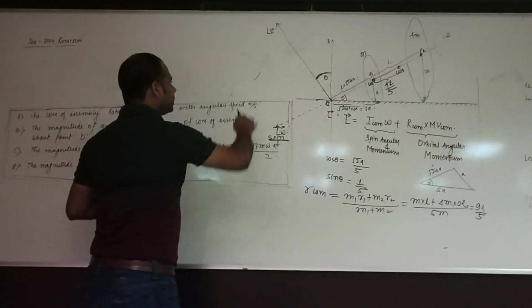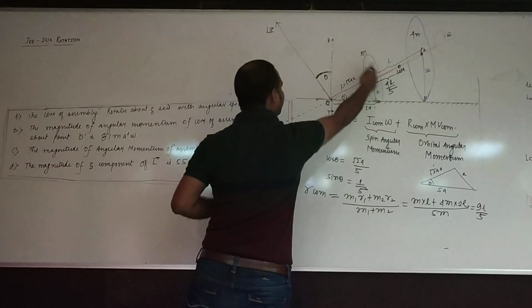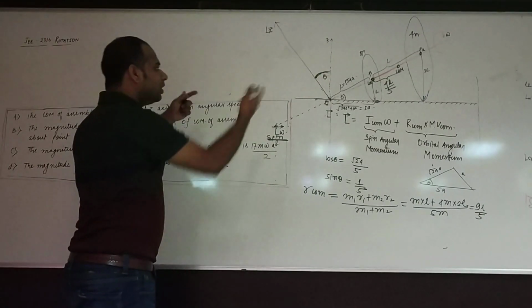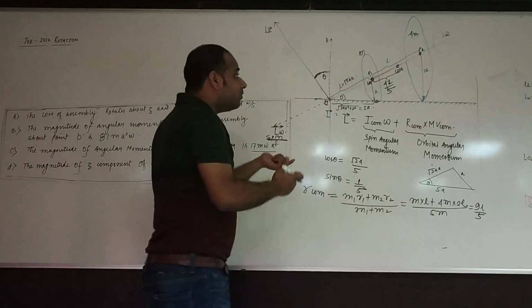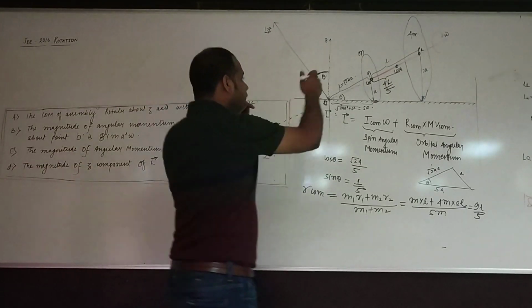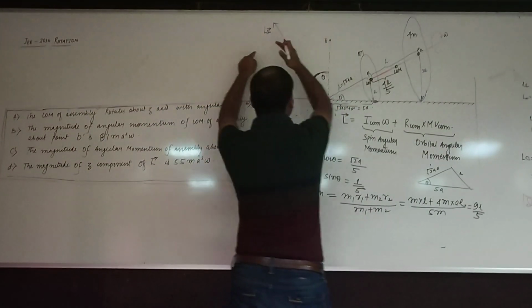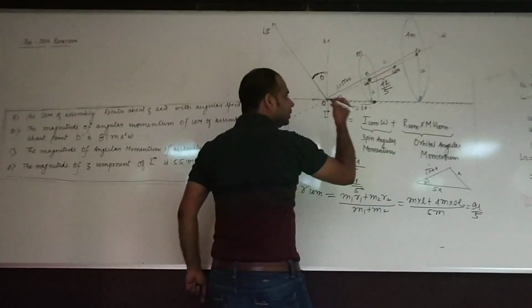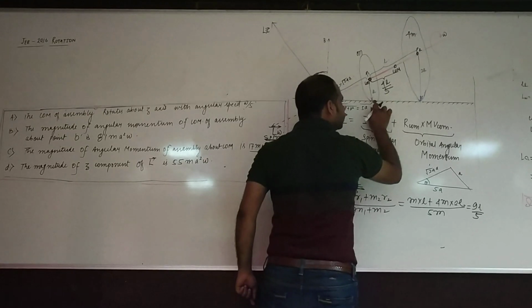So we can calculate the omega of the center of mass about this point and then take the component. How will we calculate the omega of this system about this axis? We know this point is undergoing pure rolling, so its velocity is 0.